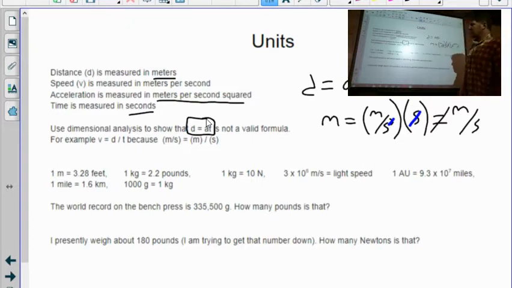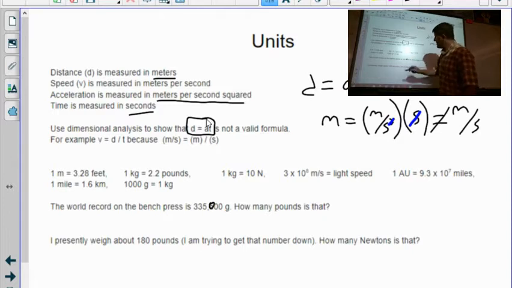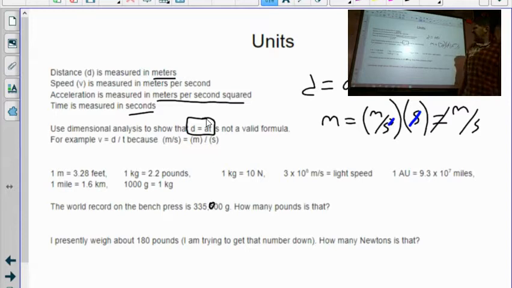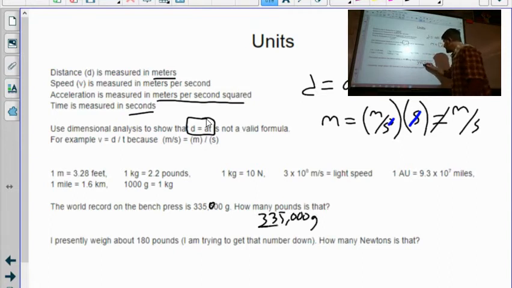Coming over here, the world record for the bench press is 335,500 grams. Actually, I lied. It's just 335,000 grams. Sorry about that. How many pounds is that? So I'm going to start off with 335,000 grams.